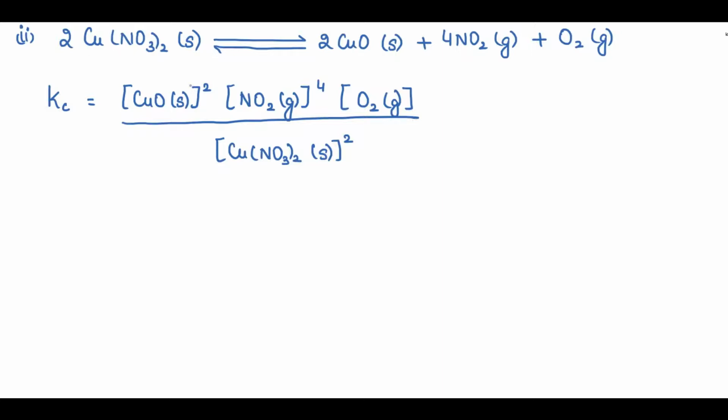Now we know that the concentration of pure compounds is always equal to 1, right? That means if we have solid and liquid in the reaction, its concentration is always considered as 1. So we will ignore CuO and Cu(NO3)2. So Kc equals concentration of product, that is NO2 gas raised to the power 4, into concentration of oxygen, that means it is also in gaseous state, right?